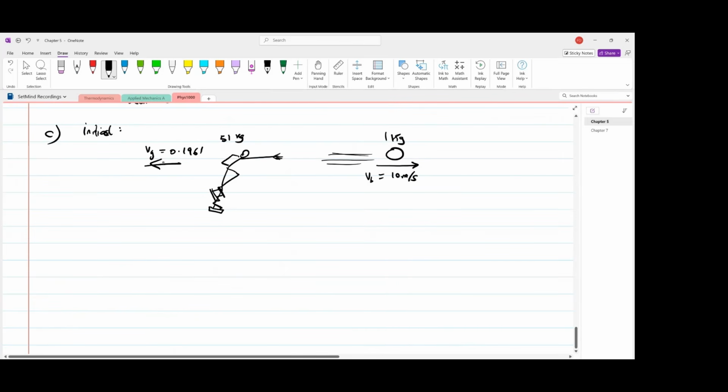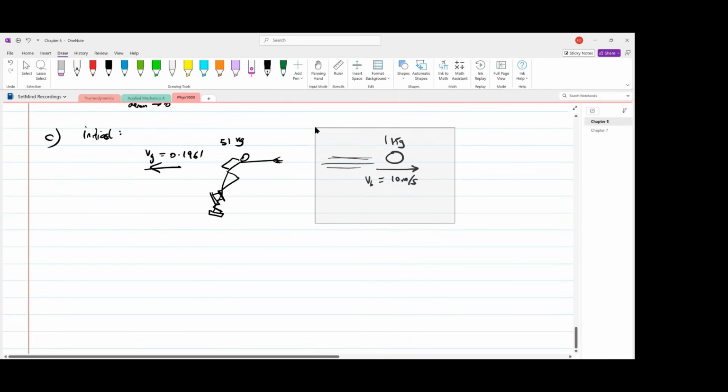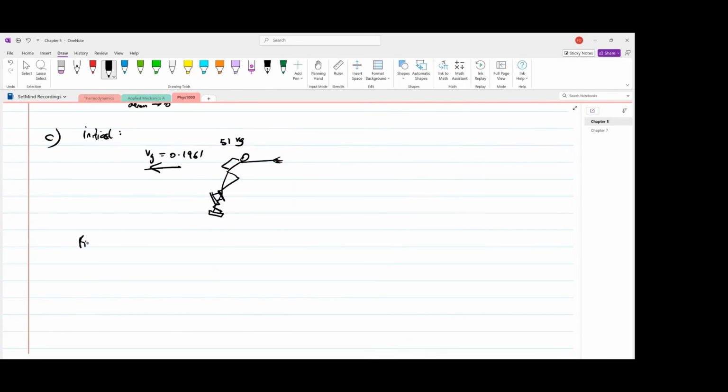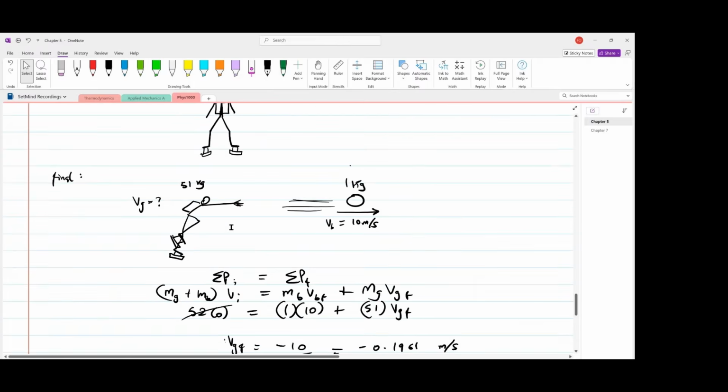Just going this way. So let's forget about this first ball. We don't need it anymore. Now she was moving this way at this velocity, and then she decided to throw a ball again. This time she threw the ball to the left.